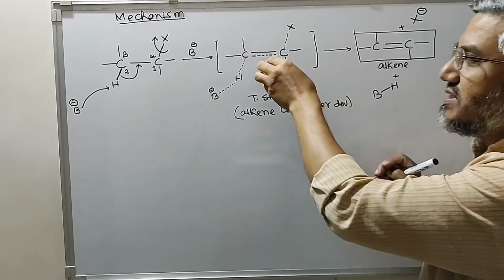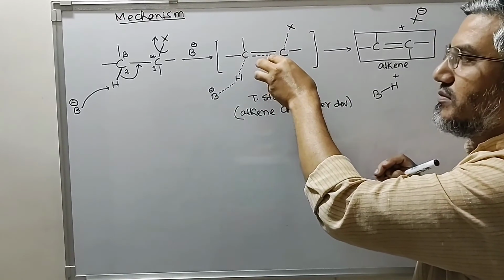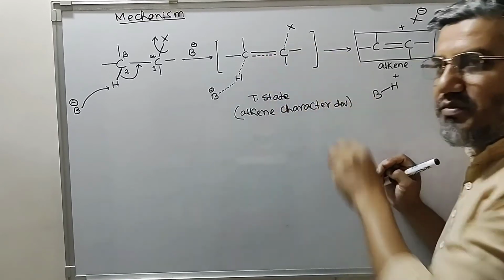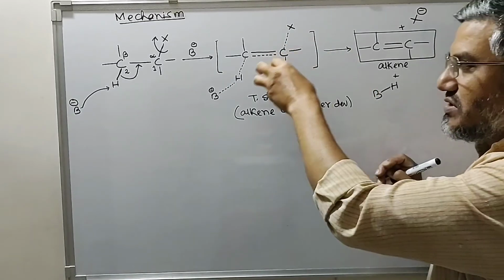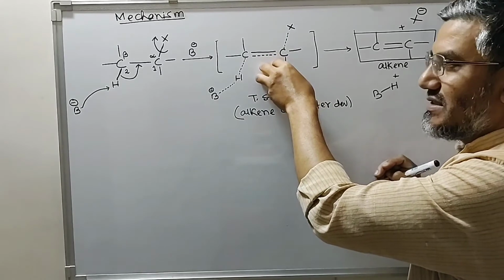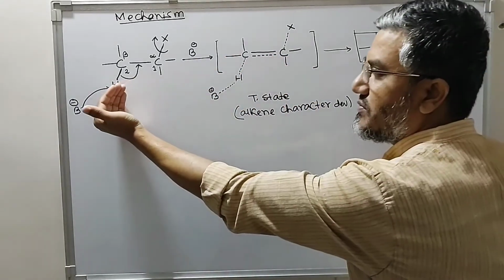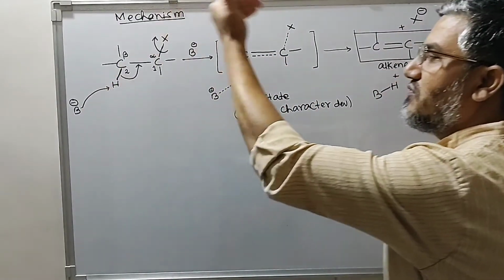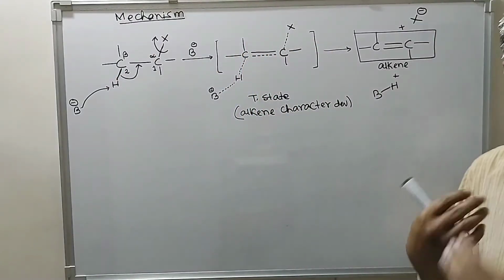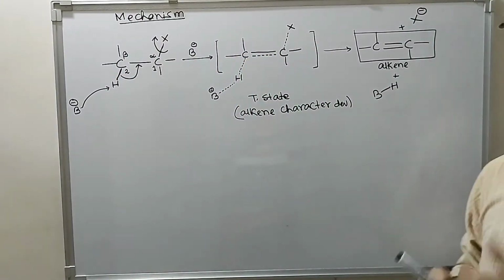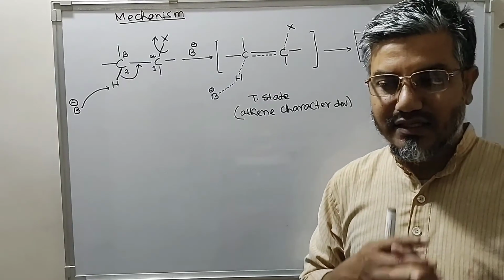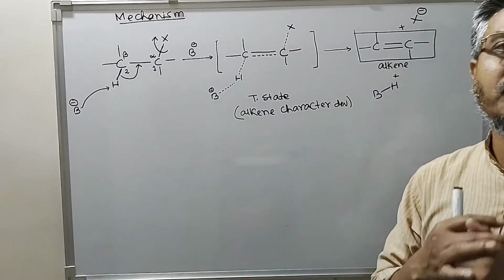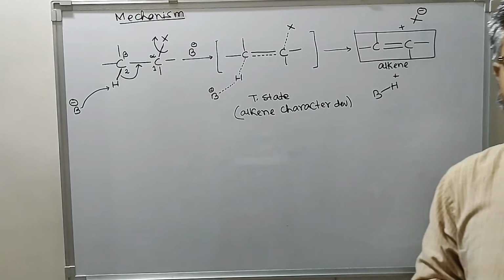If the transition state is more energetic, then its stability will be less. If the transition state stability is less, then chances for this reactant to convert into transition state will be less. If the transition state formation is less, then the rate of reaction will become much slower.